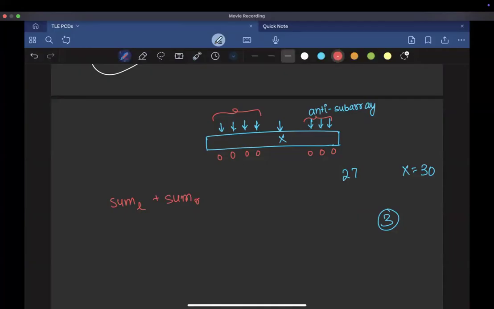Next, if this thing is already greater than or equal to x, then the problem is already done for you. If it is less than x, then you might have a situation where the sum of L plus the sum of R is less.